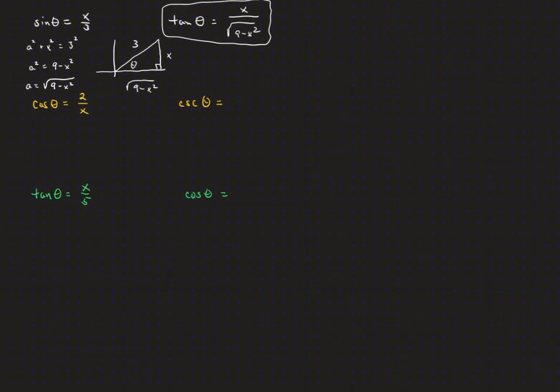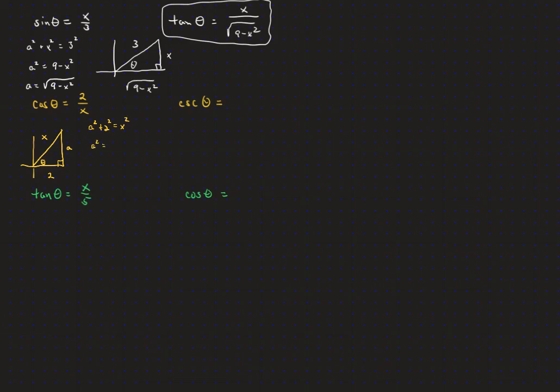That'll be useful. Let's try it with a different trig function. So now we have the cosine of theta is 2 over x. So we'll draw our reference triangle always in quadrant 1. So there's our theta. And cosine we know is adjacent over the hypotenuse. So this time the x is in the hypotenuse. We'll call that a for a moment. Using Pythagorean theorem, we will try to solve for that missing side length.